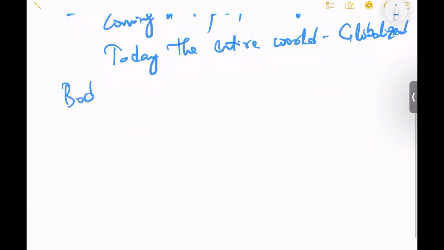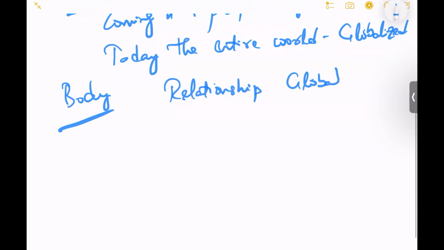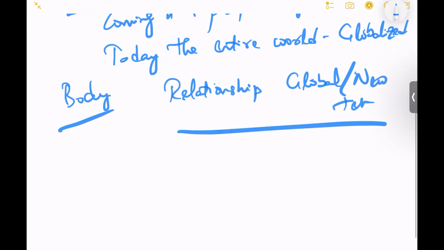Okay, the body, relationship between globalization and the new technology. So what is the relationship between globalization and new technology? So go field by field. Okay, with regard to geography, they are asking you.